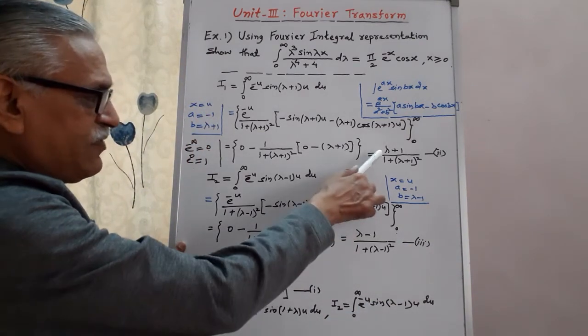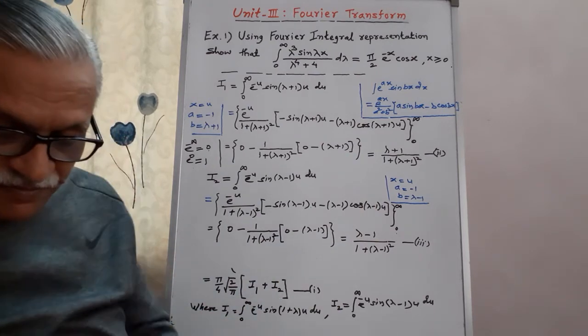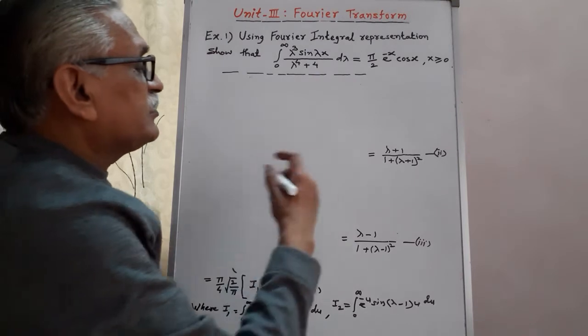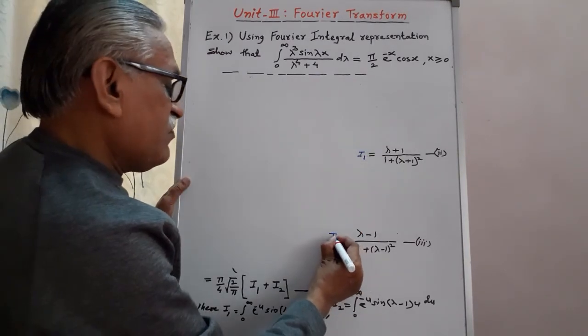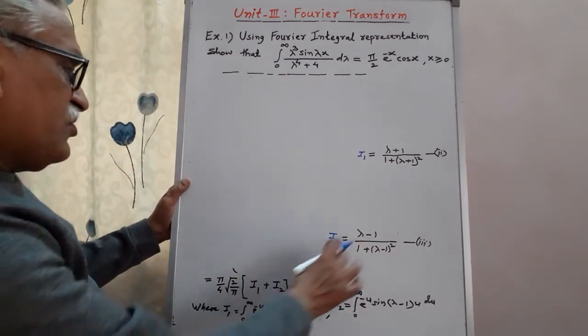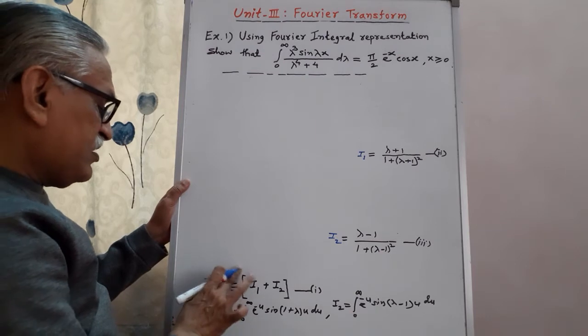And therefore we put the values of I1 and I2 in equation 1. We get this is the value of I1, this is the value of I2. Therefore I'm substituting those values in equation 1.